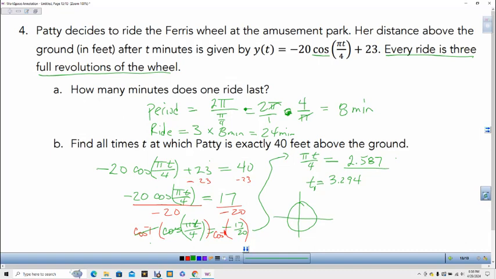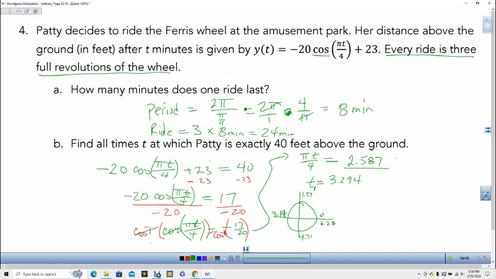If we think about 2.587, remember this is pi over 2, so that is 3.1415926 divided by 2, roughly 1.57. We've talked about this already. And then this is going to be 3.14, and then 3.14 plus that, which gives you 4.71, and this is 6.28.